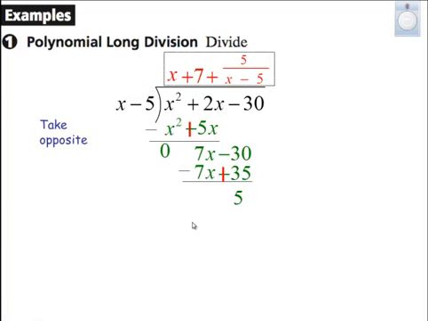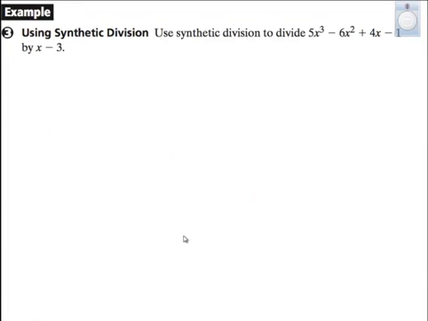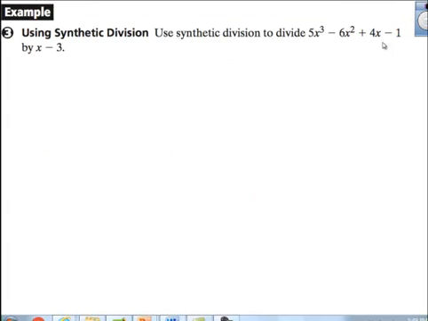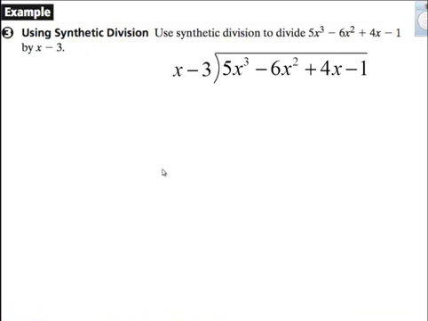I'm going to show you guys another method. It's called synthetic division. So check this out. Here's the example. We have all of this stuff, and then it says divide this by x minus 3. That's what it would look like if I was going to do long division. But instead, there's a more direct way called synthetic division. First, you have to come up with the 0 for what you're dividing by.